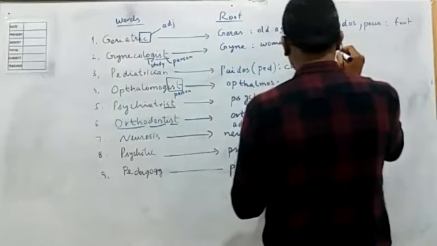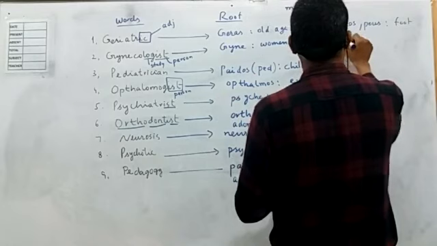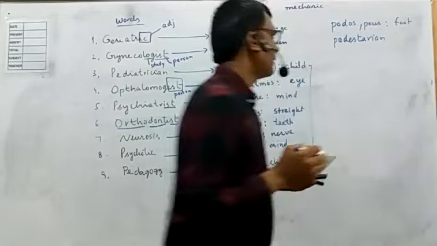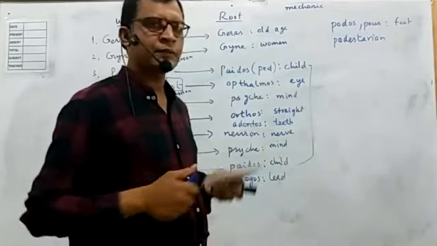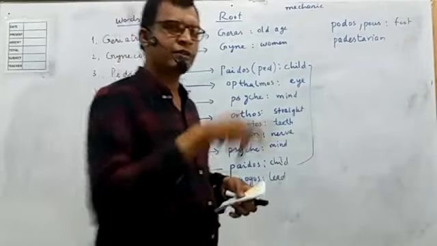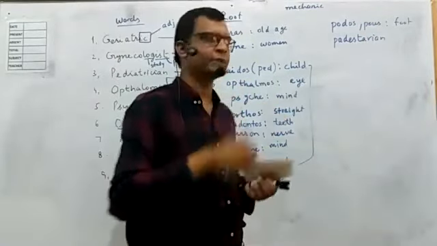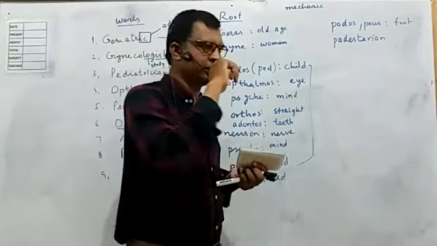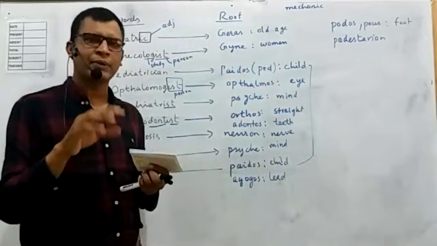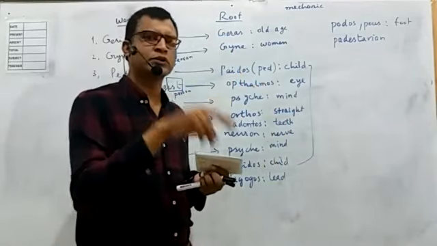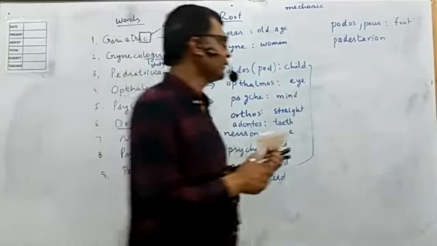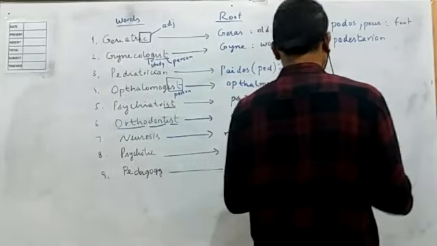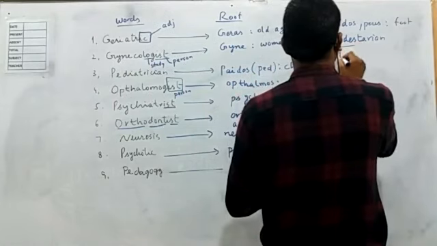A common example for this is pedestrian. Okay, pedestrian is a path on which we walk with our foot. So we say pedestrian crossing. We also say pedestrian, a person who moves on 2 feet. Similarly, we have words like tripod.